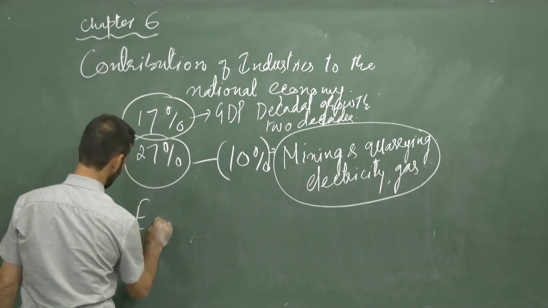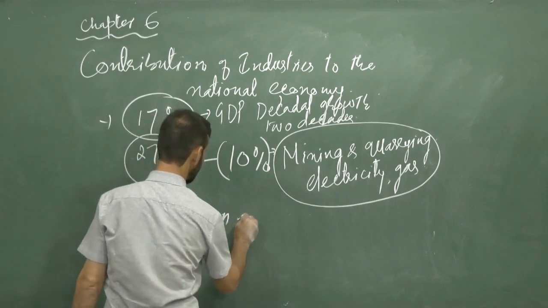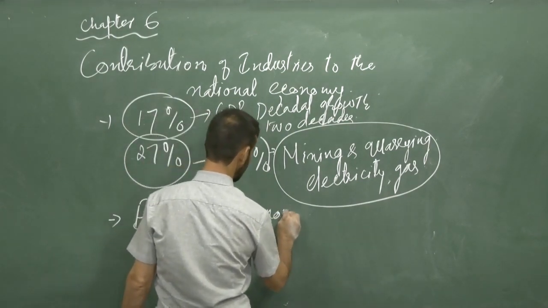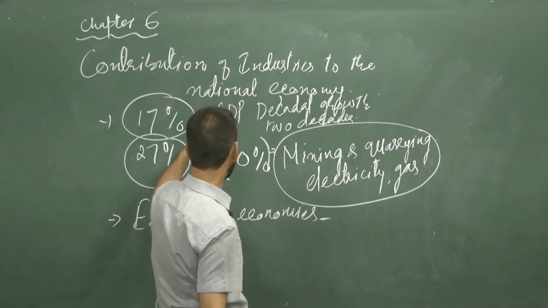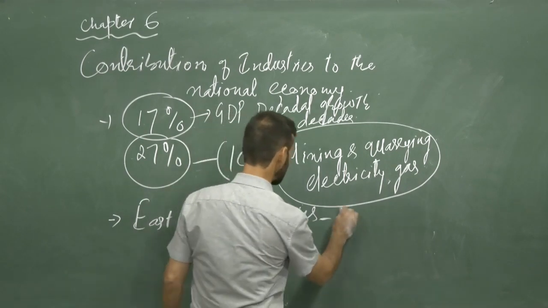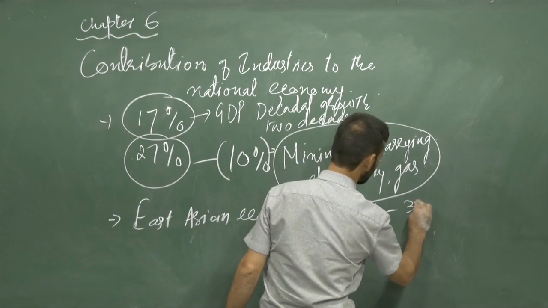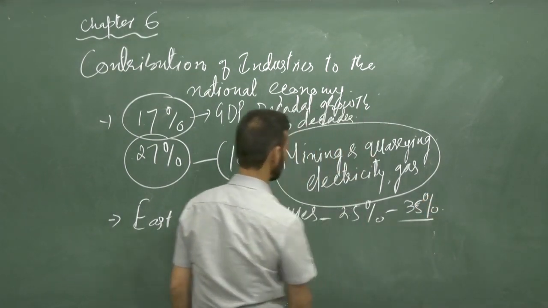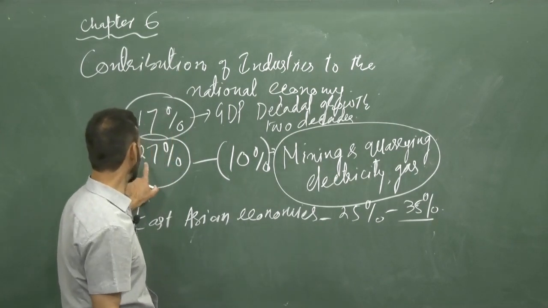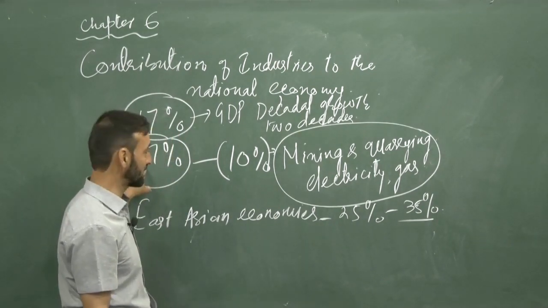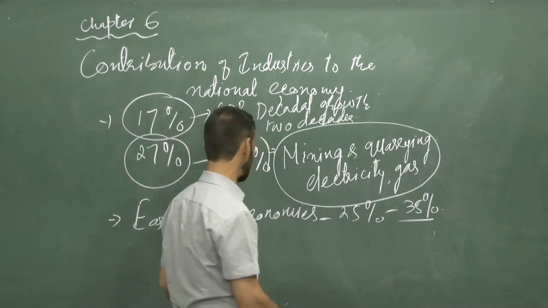East Asian economies have a growth rate of this sector of 25% to 35%. It is more than India. India has only 27% GDP growth rate in the industrial sector, and East Asian economies have 25 to 35%.